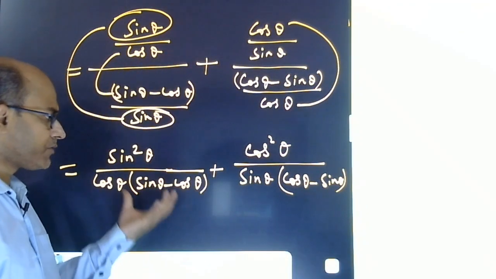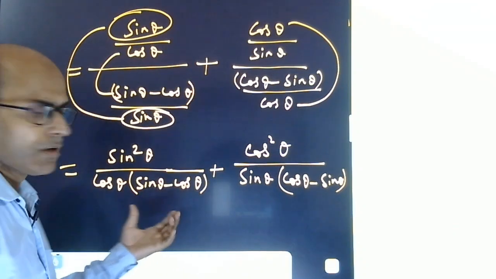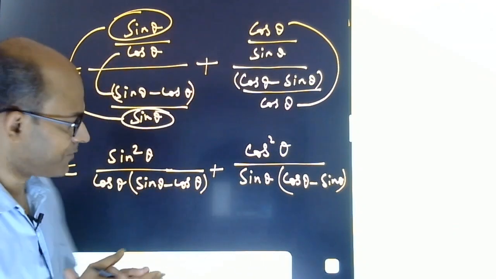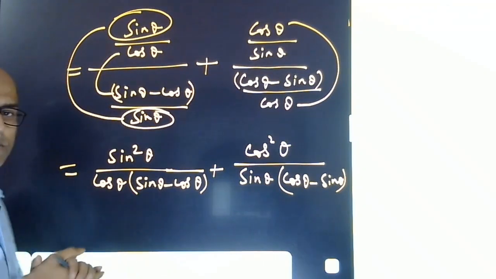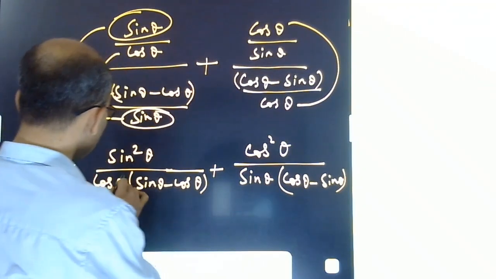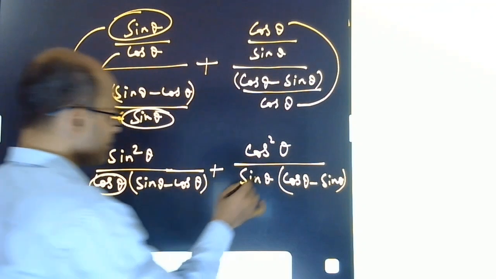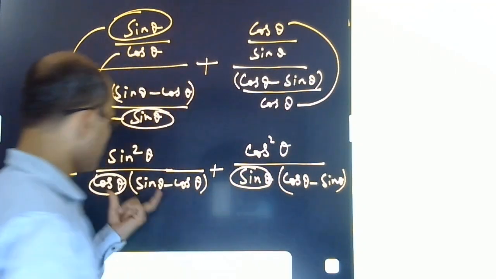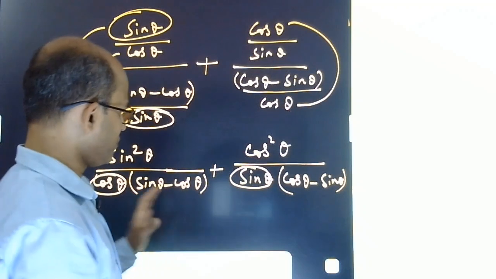This is one of the most important steps where students normally get stuck. That's why it is very important to understand. If someone asks what will be the LCM of cos theta and sin theta, you will simply say, sir, simple, there is no need to think.